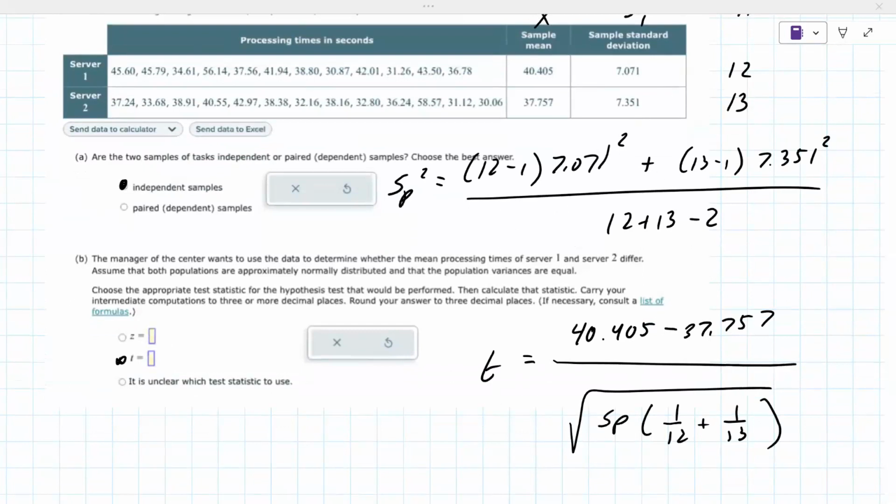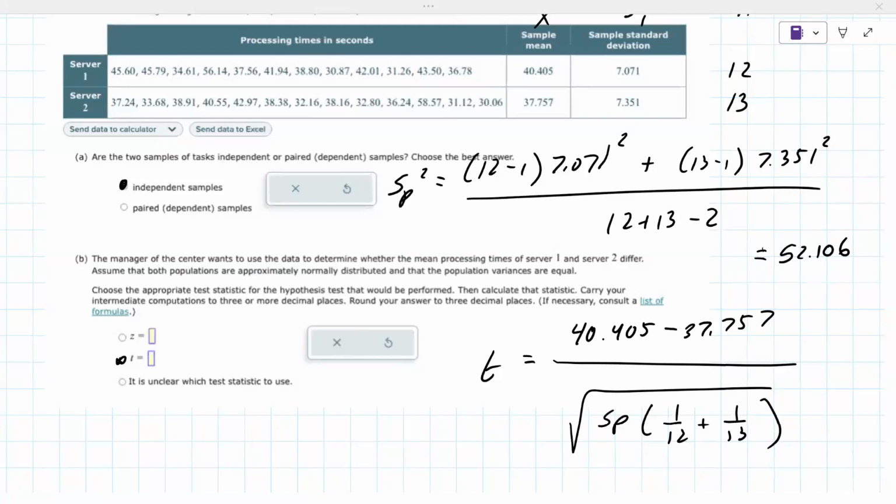All right, so let me quickly calculate those as quickly as I can without making a mistake. 13 minus 1, 7.351 squared, 12 plus 13. All right, so the SP value ends up being 52.106.